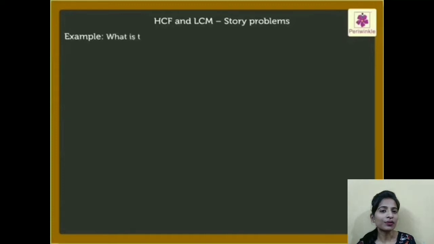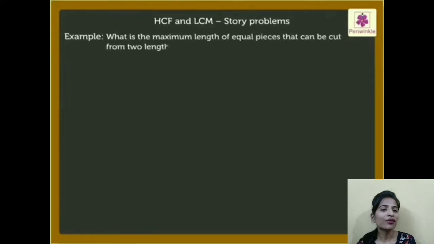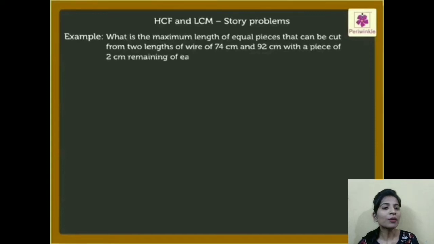Next example. What is the maximum length of equal pieces that can be cut from two lengths of wire of 74 cm and 92 cm with a piece of 2 cm remaining of each? Let us see its solution.